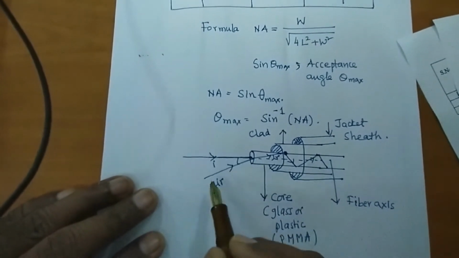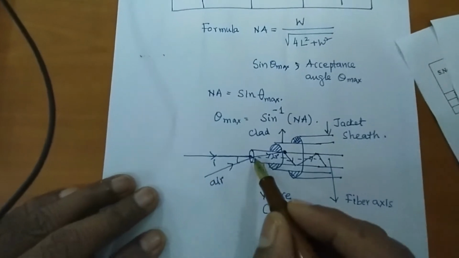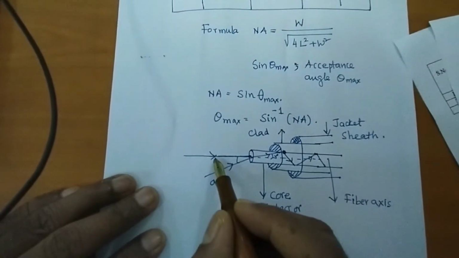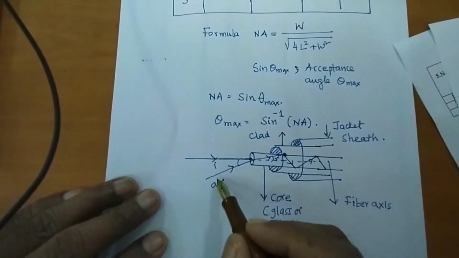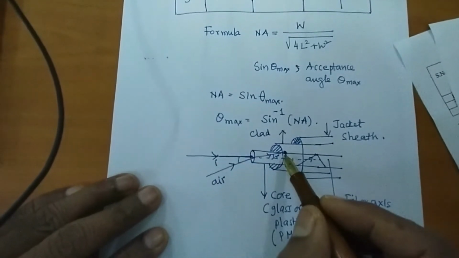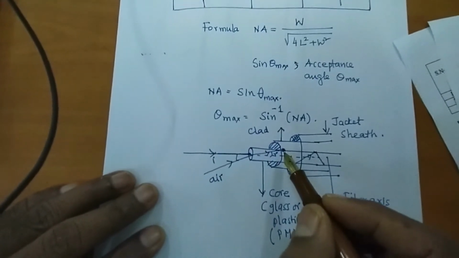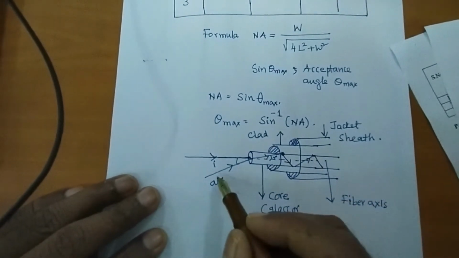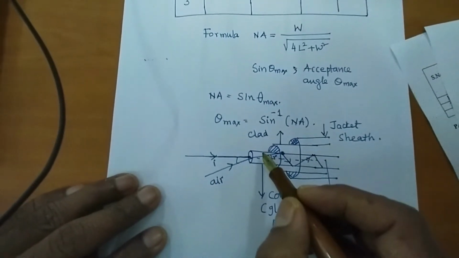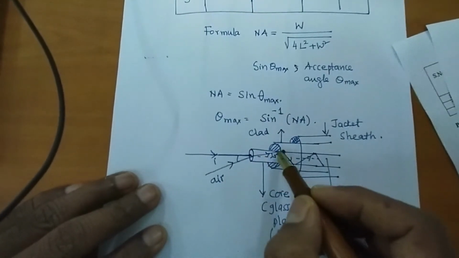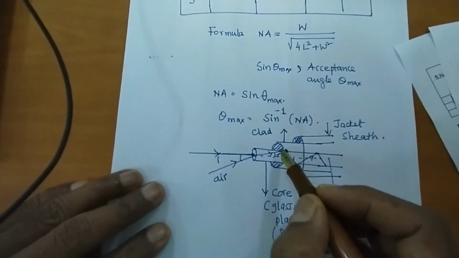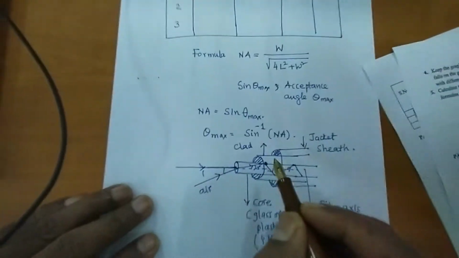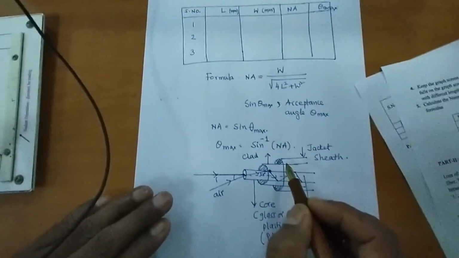Therefore, there is a maximum angle with respect to the axis at which the incident ray strikes the core cladding at an angle greater than the critical angle, and it undergoes total internal reflection. If I increase the angle beyond that, then it strikes the core cladding interface at an angle less than the critical angle, therefore total internal reflection does not take place.